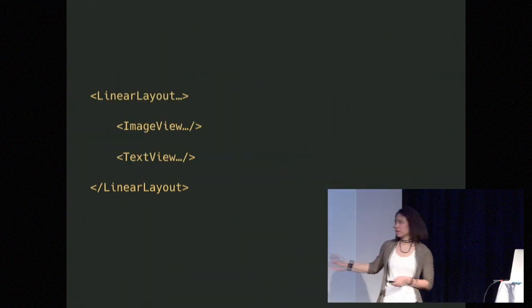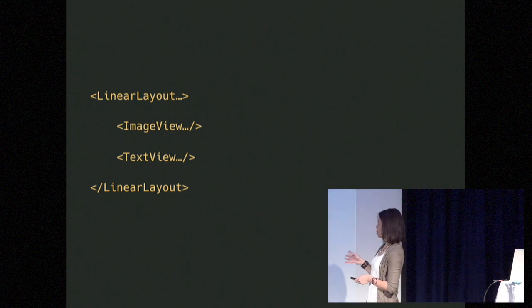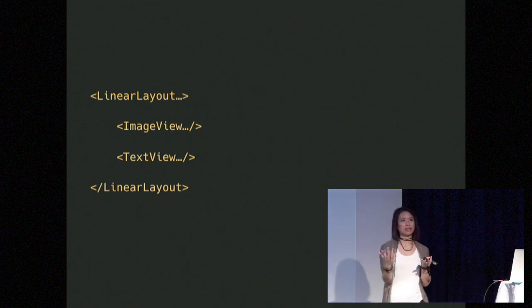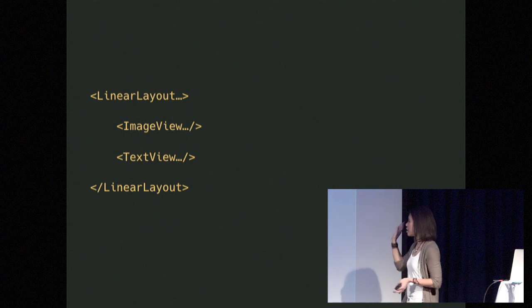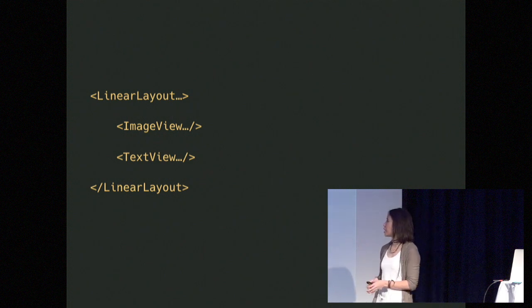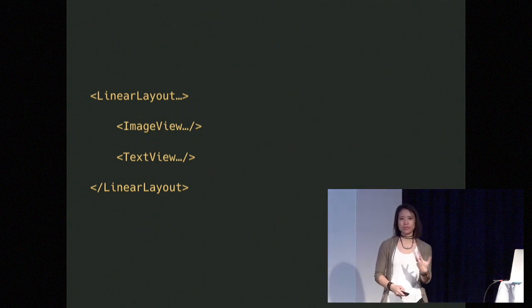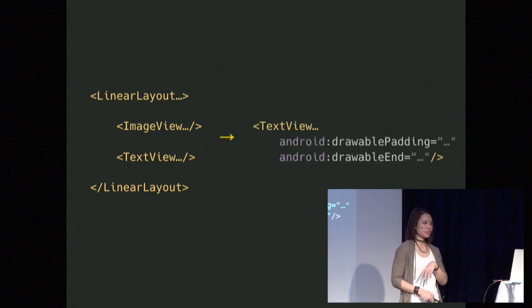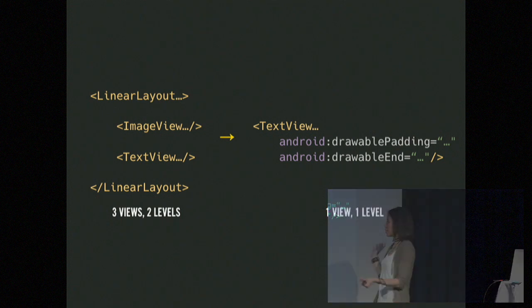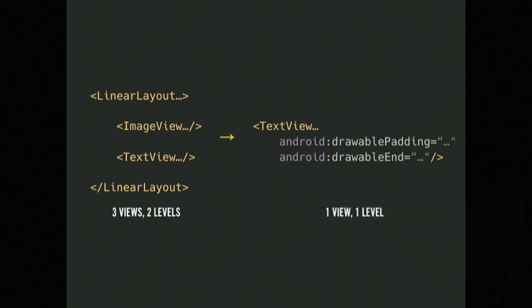Rather than using 3 different views, the naive implementation with the linear layout, image view, and text view, if I just use compound drawables, I can take it down to 1 view. So I've eliminated 2 views and 1 level from my hierarchy just by using these attributes: drawable left, right, start, end, and drawable padding. I can really simplify things very easily.